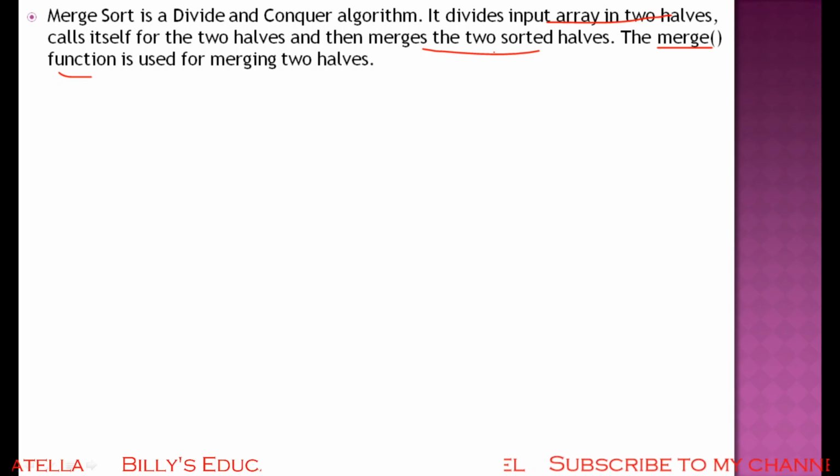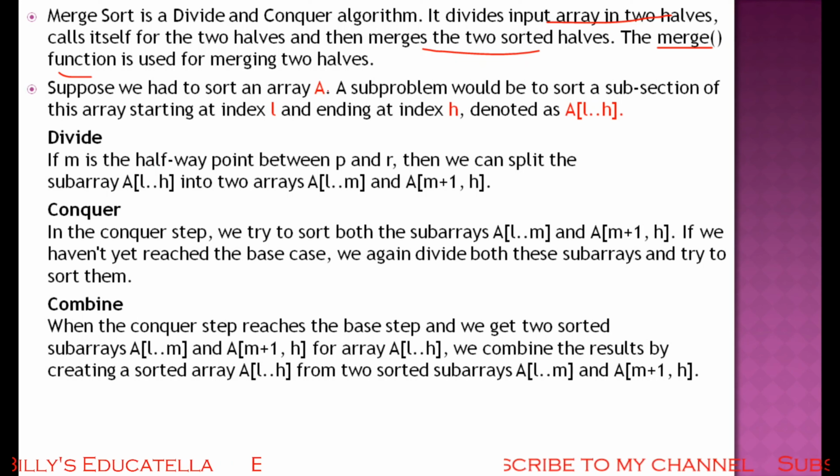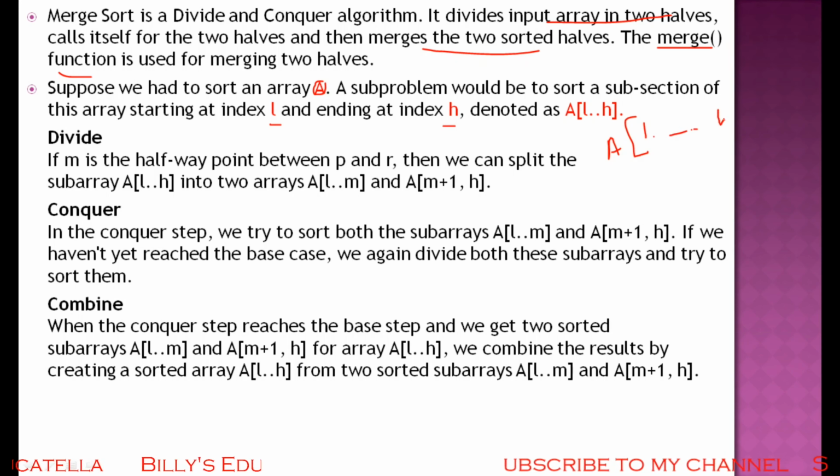The three steps involved in merge sort are: if I take an array A, and L is the lower index and H is the higher index, that means array A from lower index L to H. So L is the lower index, H is the higher index.